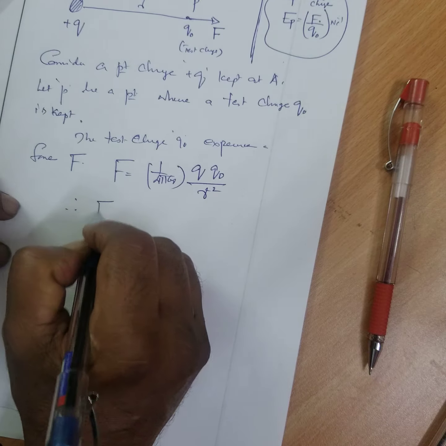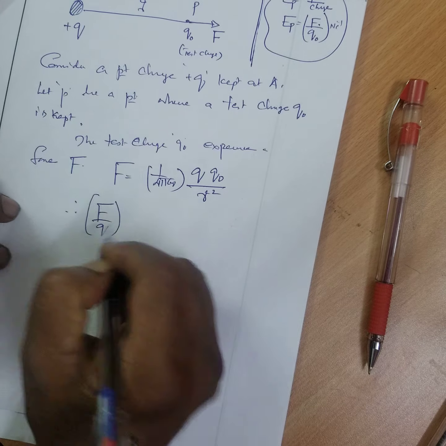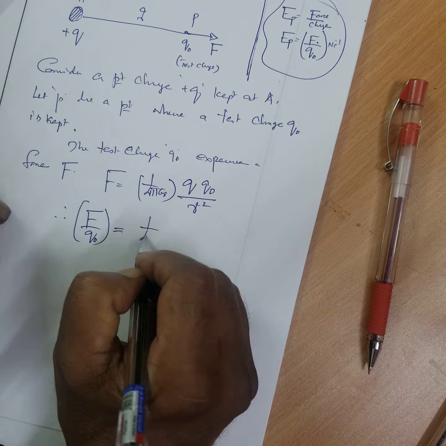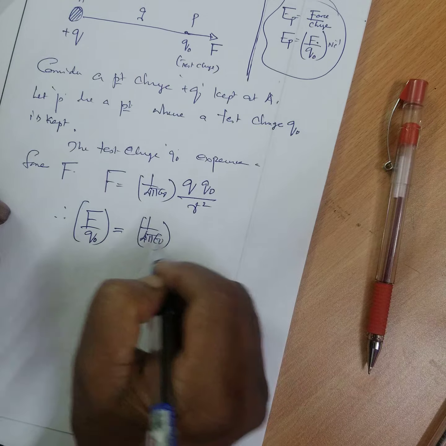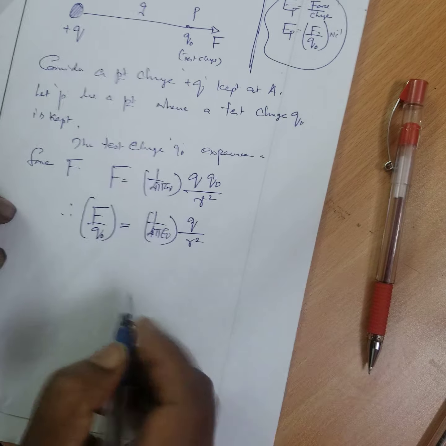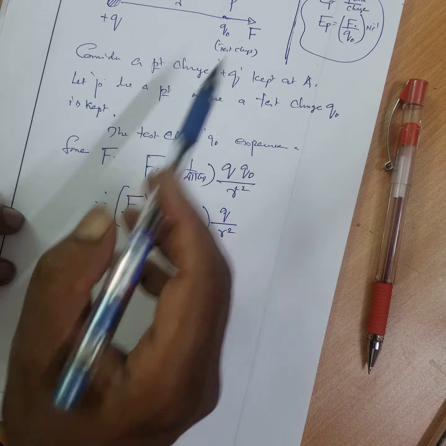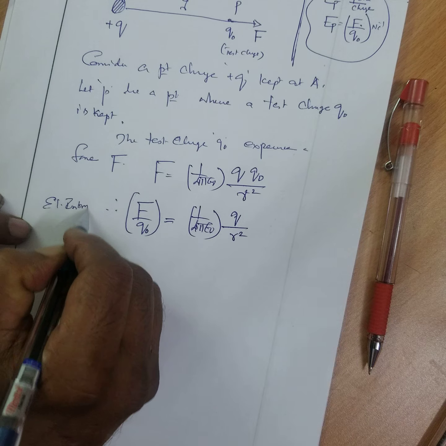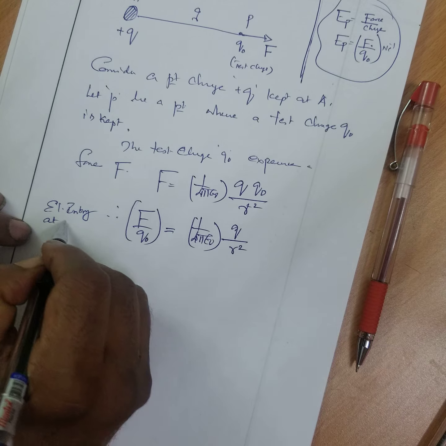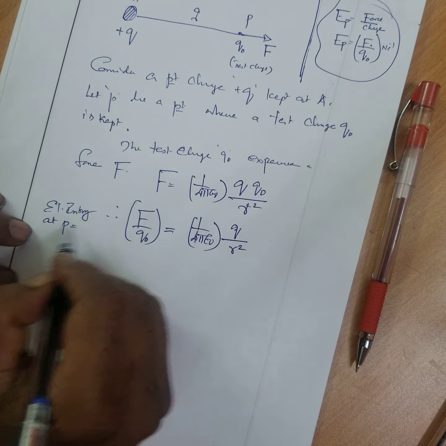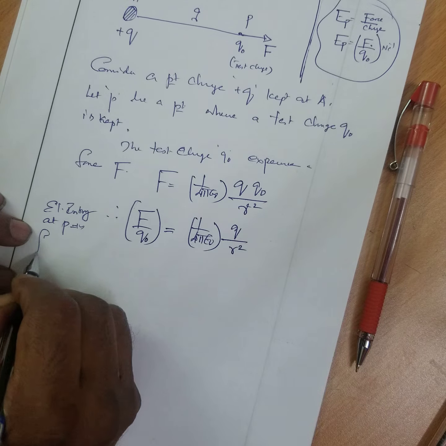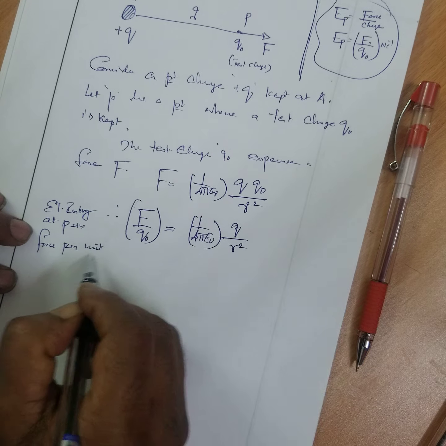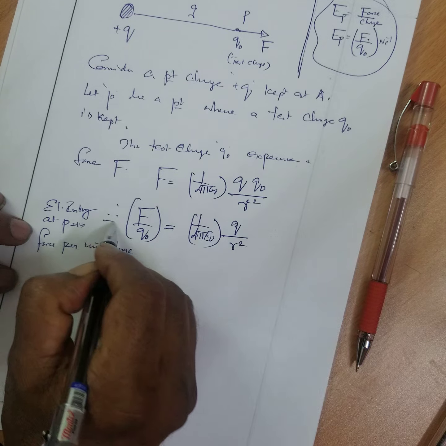Therefore, force per unit charge, this is what? Force per unit test charge is equal to 1 by 4 pi epsilon naught Q by R square. According to the definition, this is the same as electric intensity at P, which is force per unit charge.